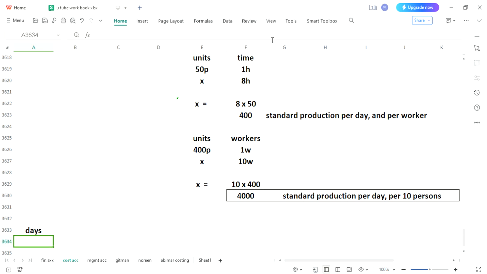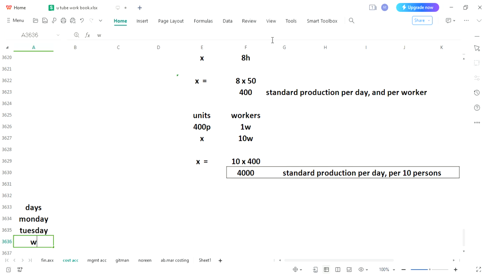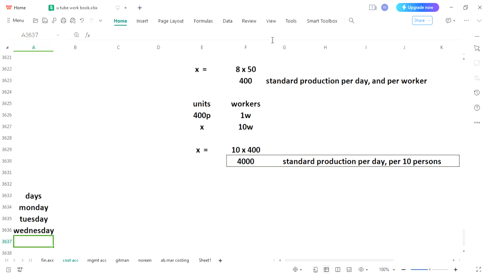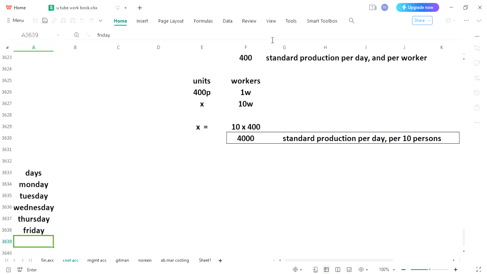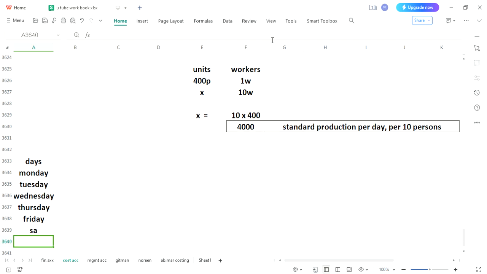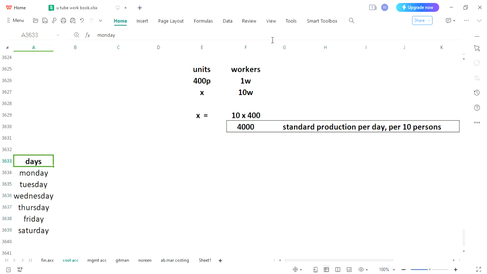So first day is Monday, then Tuesday, Wednesday, Thursday, Friday, and Saturday.